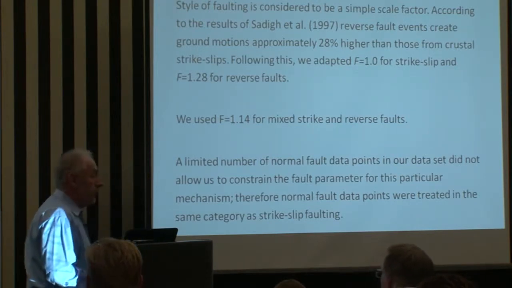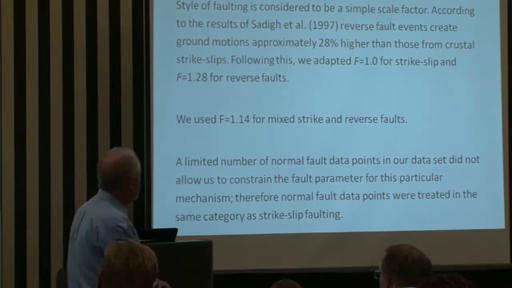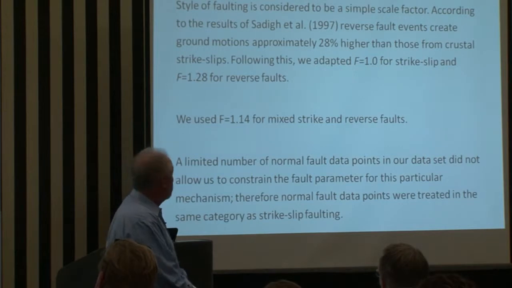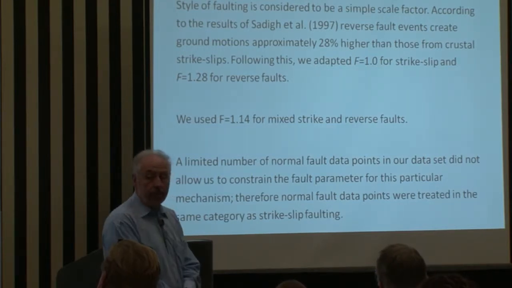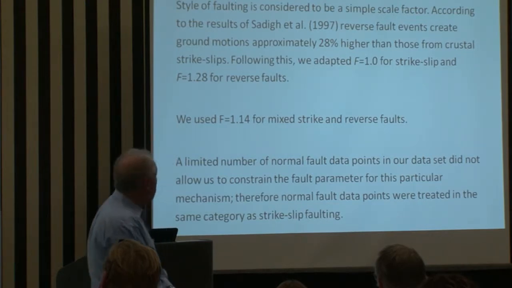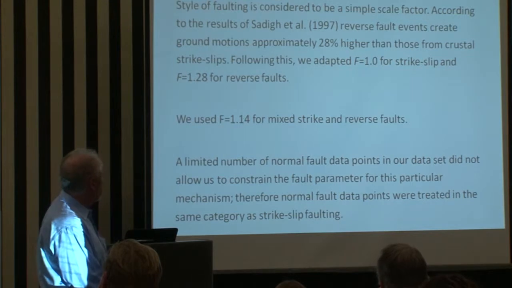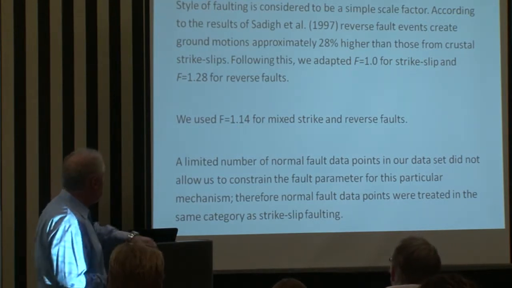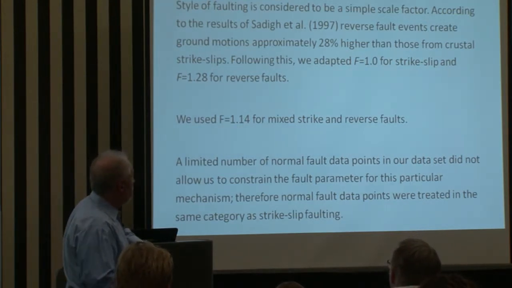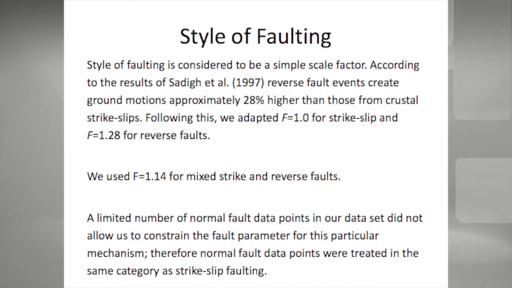Now, style of faulting. Honestly, we did very simple work. We used basically the same as the publication of Sadigh et al. 97, where they took a factor of 1 for strike slip, 28% higher for dip slips, and we used 1.14, basically half and half, for mixed events.